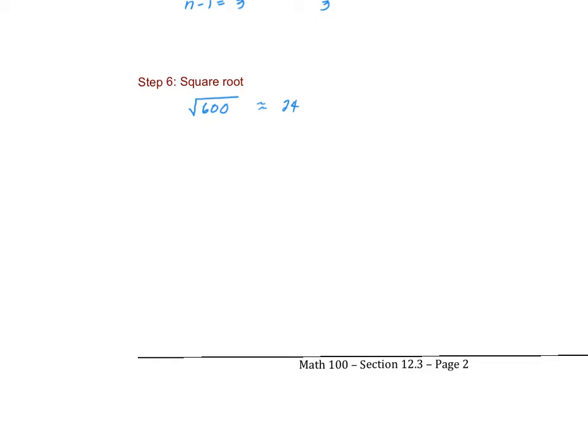Oh, round it to 2 decimal places, because that's what it says in the instructions. So if you take the square root of 600, then you get 24.494. So it should be 24.49. And that's how you find your standard deviation. You just follow all those steps.